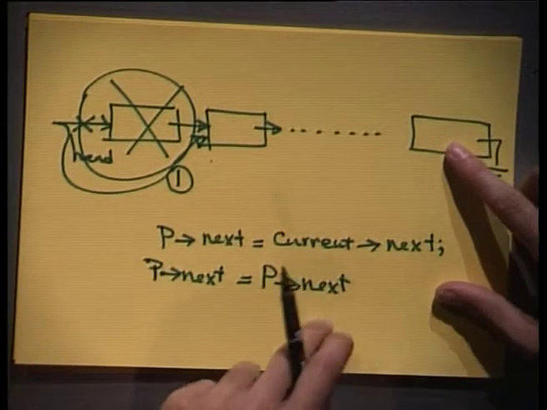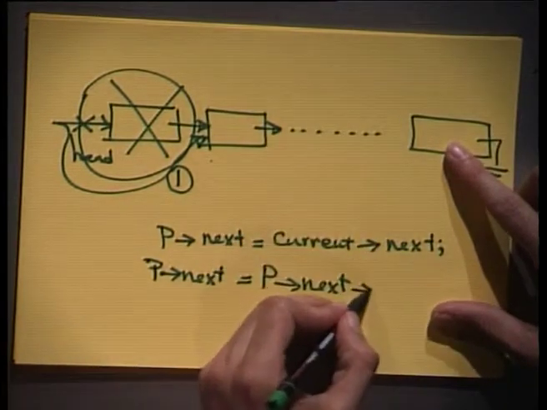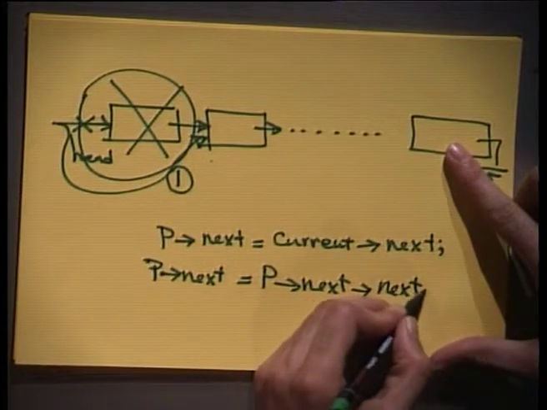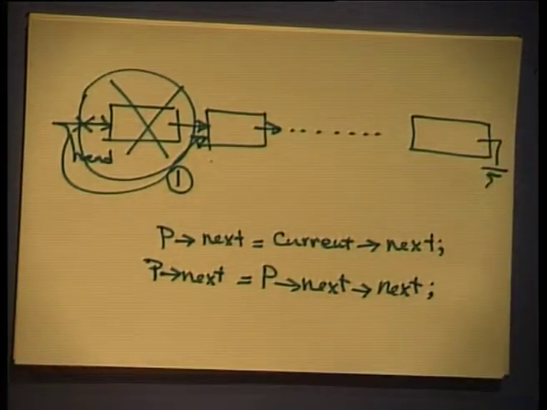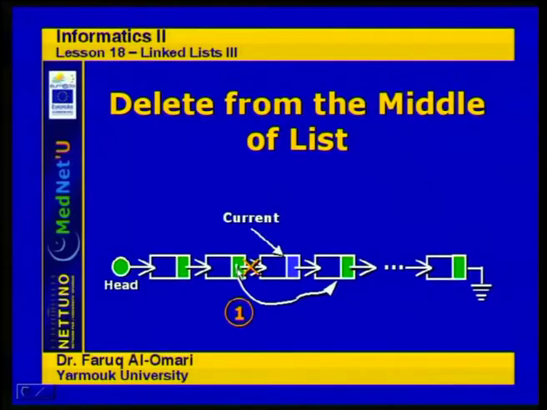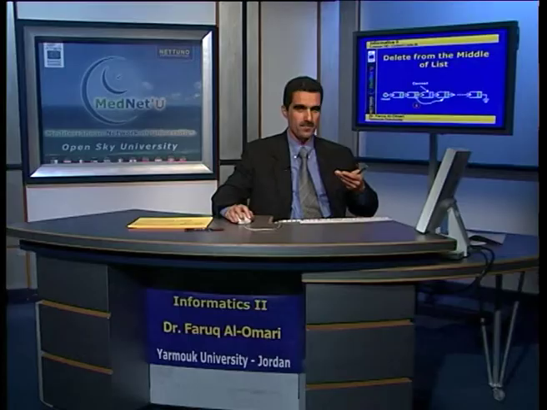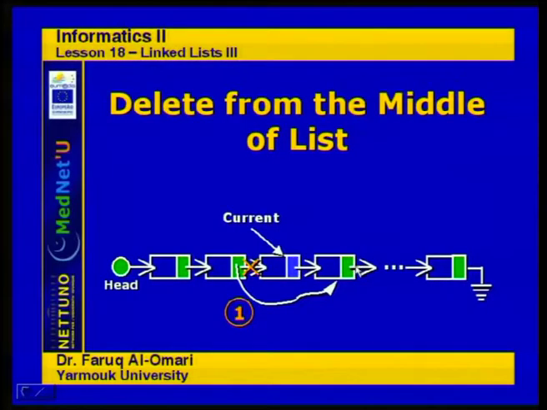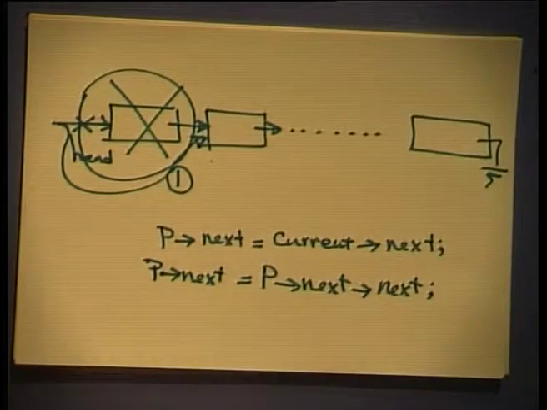However, not this one, but the one after, and that means arrow next. So by saying P arrow next, that means here. That's not the one. I want the one which comes after that, next to that, this one. So this is P arrow next, this node, and arrow next from there. Okay, so I either do this or do this. They both mean the same.